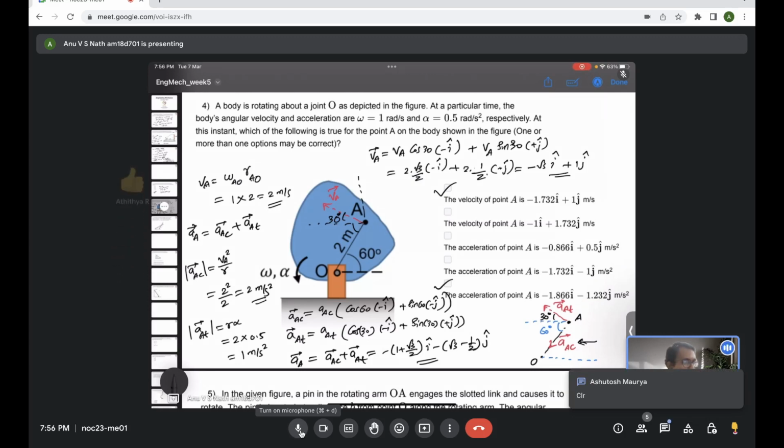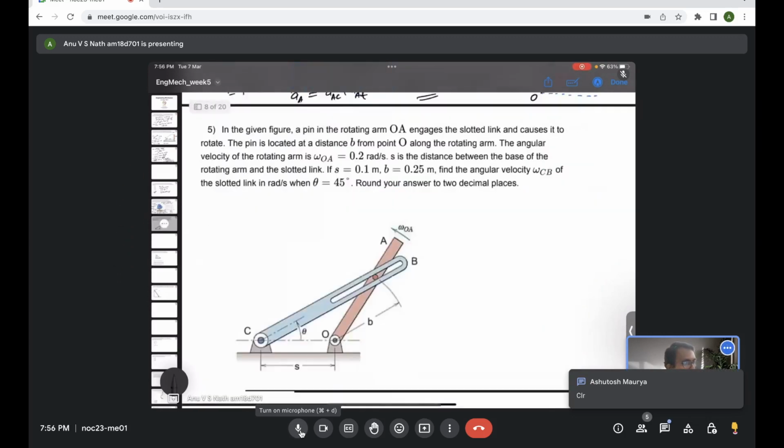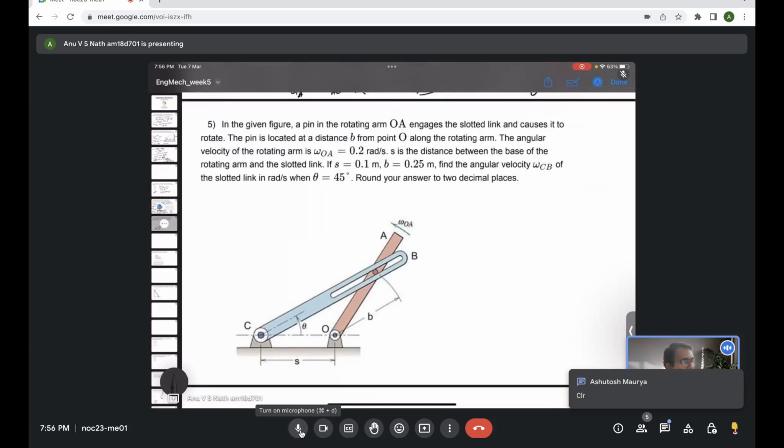Okay, good. So we will move to the next problem. In the given figure, a pin in the rotating arm OA engages the slotted link and causes it to rotate. The pin is located at a distance B from the point O along the rotating arm.